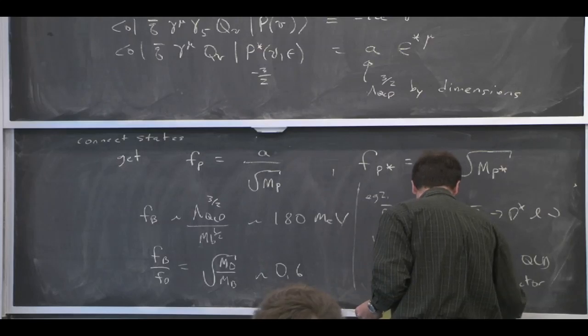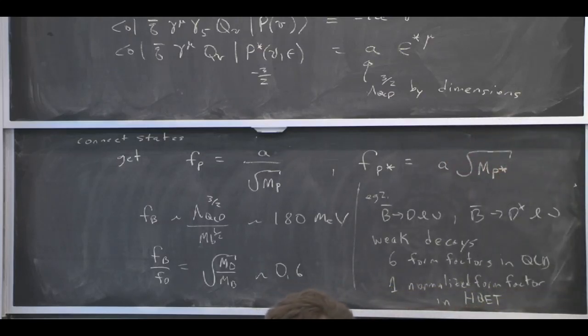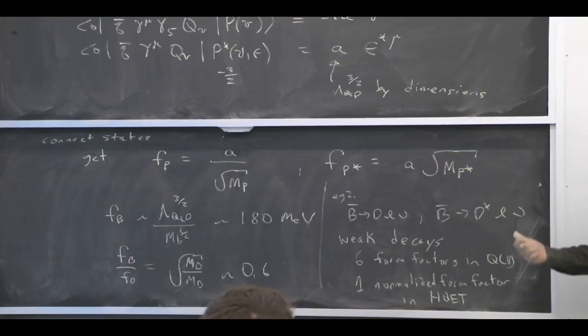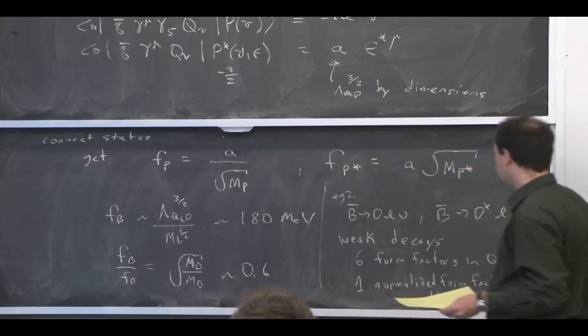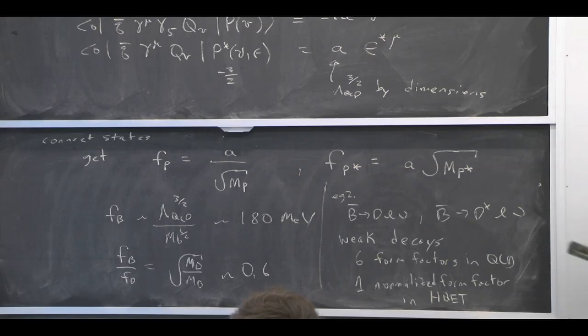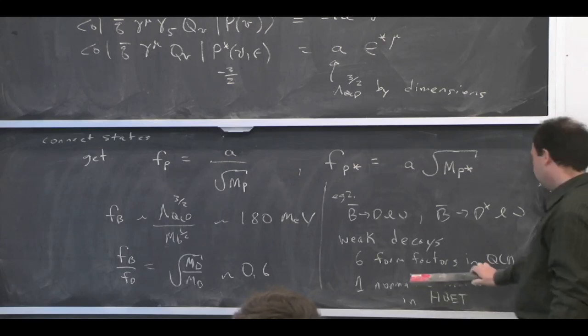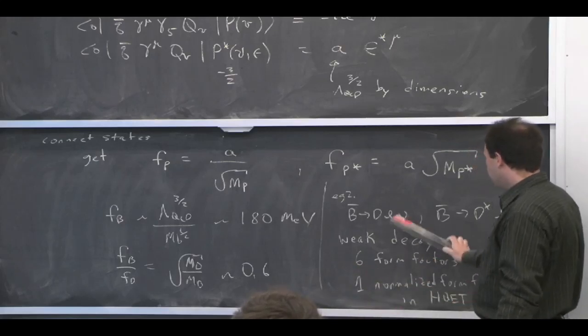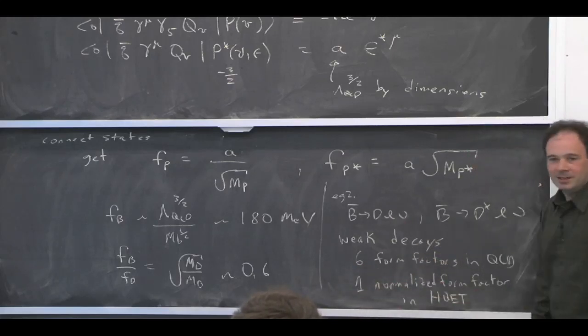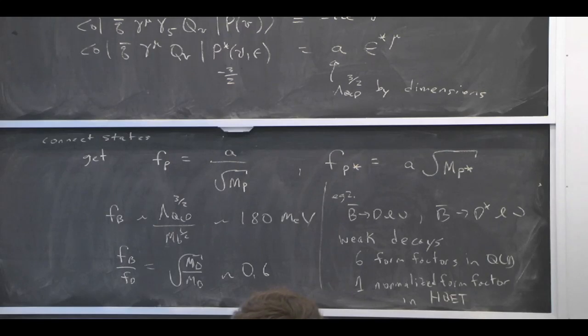And it's actually normalized too, because it's related to a conserved charge. You can use your heavy quark spin symmetry to actually relate it to the operator that counts the number of B quarks. So for these form factors, you don't know anything about their normalization, and there's 6 of them. Take this limit, you get 1, and it's normalized. It's kind of nice. It's called the Isgur-Wise function.